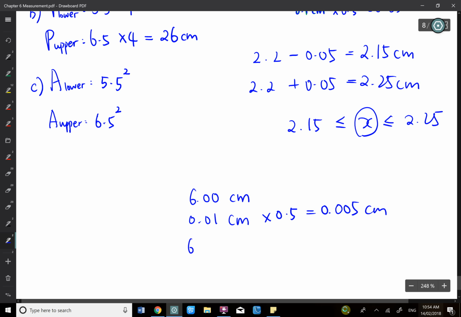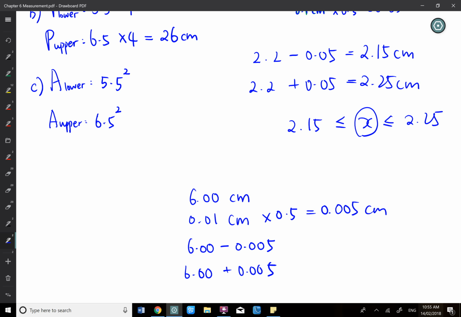You use 6.00 minus this and 6.00 plus this to get the lower and upper boundaries. So it's how many decimals you have that gives you the accuracy. If you have no questions, we have finished this chapter 6, measurement.